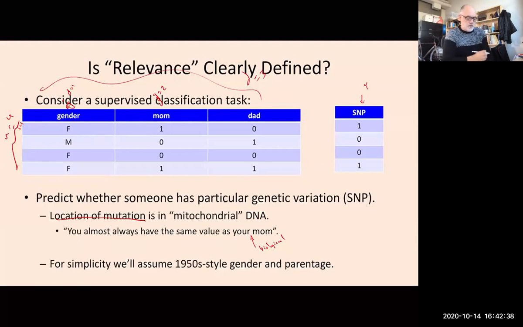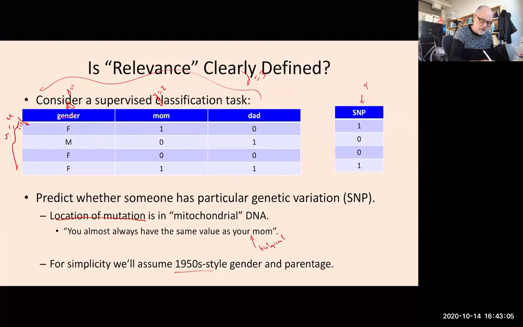Great. So recognizing that there are all kinds of different families, including some in my own family, for simplicity here we're going to use 1950s style language about gender and parentage just to keep things simple. For each individual here, this is their biological sex, I guess we could get away with this, but we're going to call it gender.